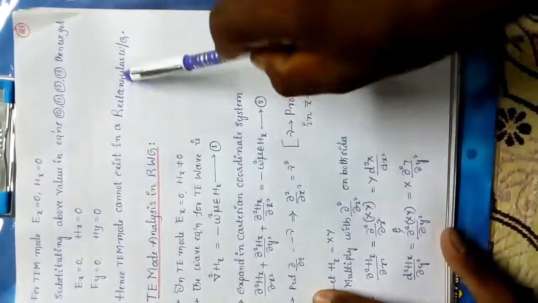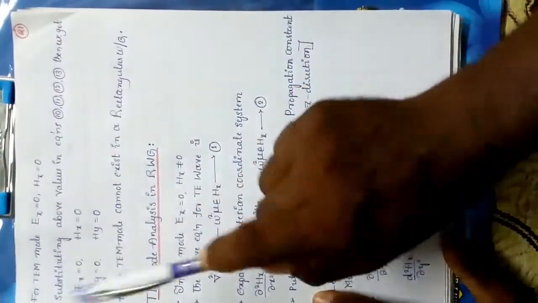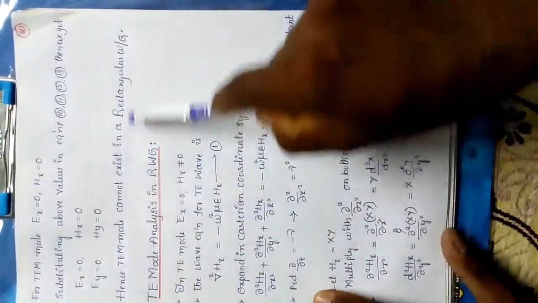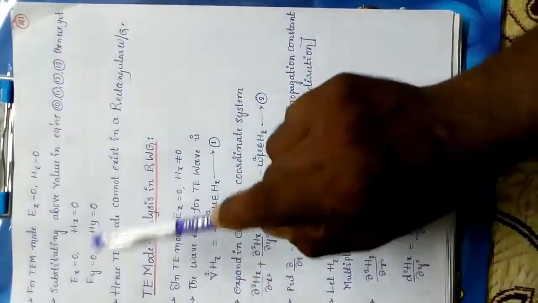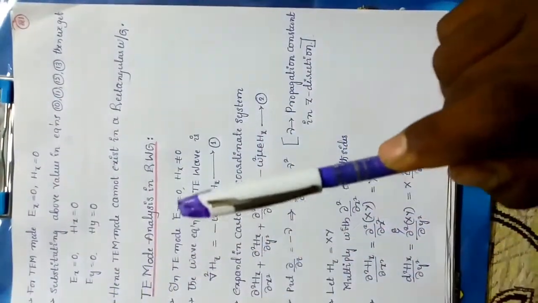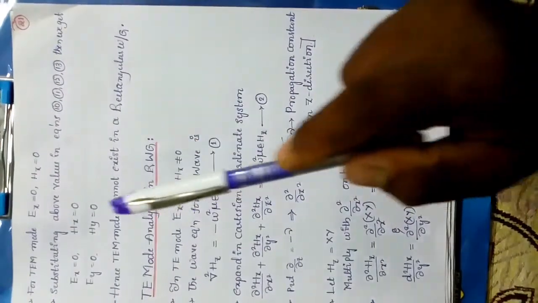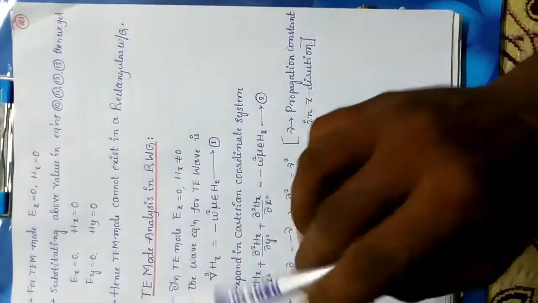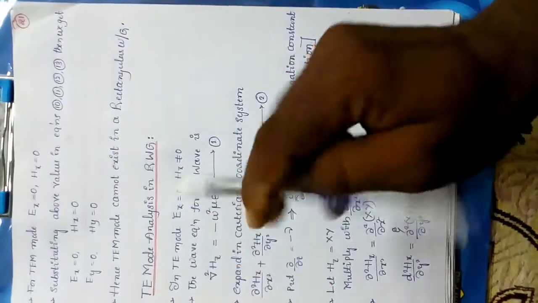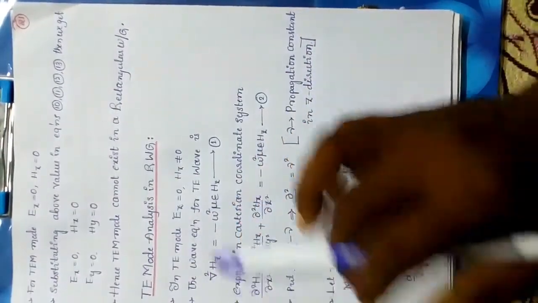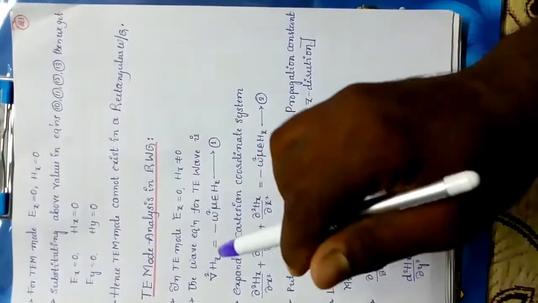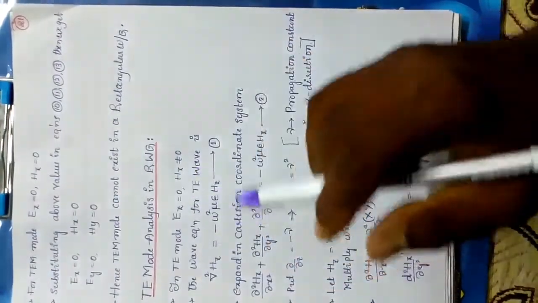This term is very important, remember it. TEM mode, that means transverse electromagnetic mode, does not exist in a rectangular waveguide. This is the complete topic on the impossibility of transverse electromagnetic wave in a rectangular waveguide. The proof is over.